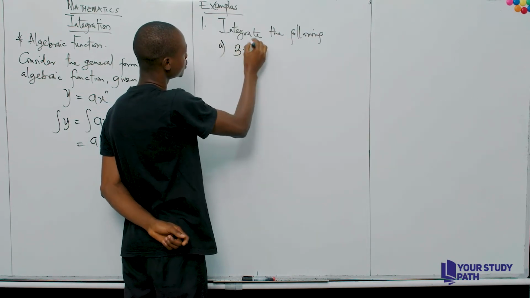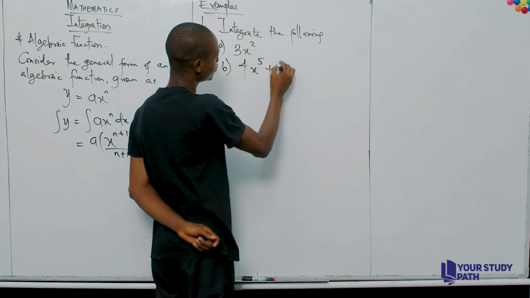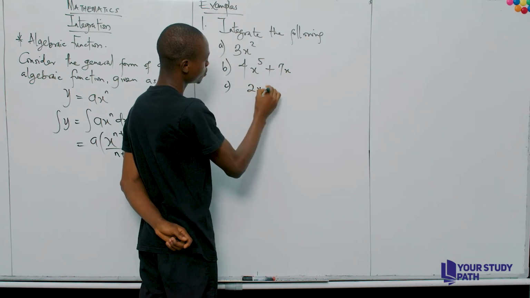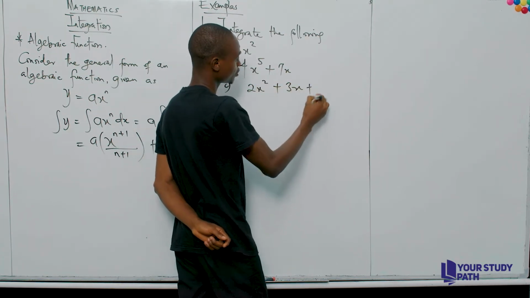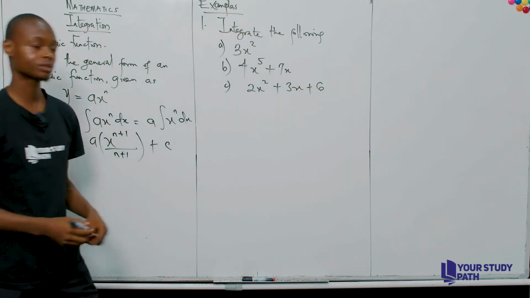Let's integrate 3x squared. Let's integrate 4x raised to power 5 plus 7x. Let us also integrate 2x squared plus 3x plus 6. Let's have ourselves do this.